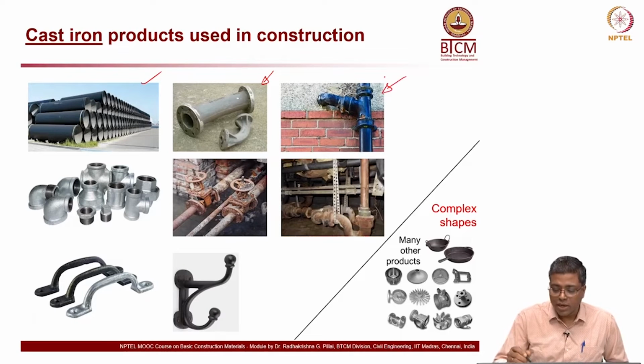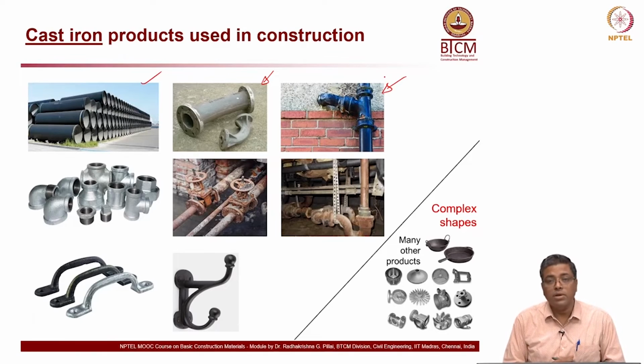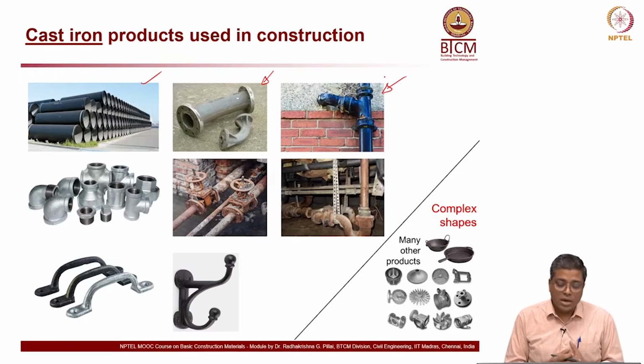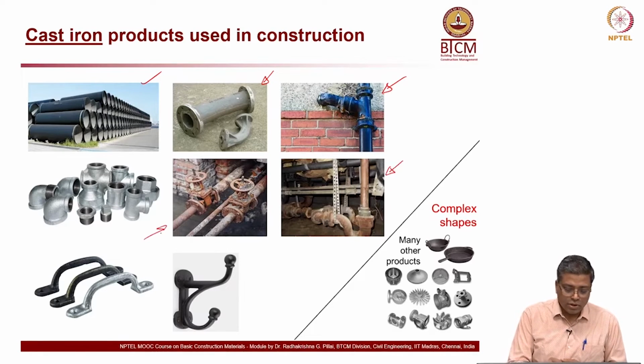Okay, and then pipelines, because it used to have comparatively higher strength than the other material, than the iron, so people started using cast iron. But there were some problems, I will come to that later, and these are other examples of cast iron.